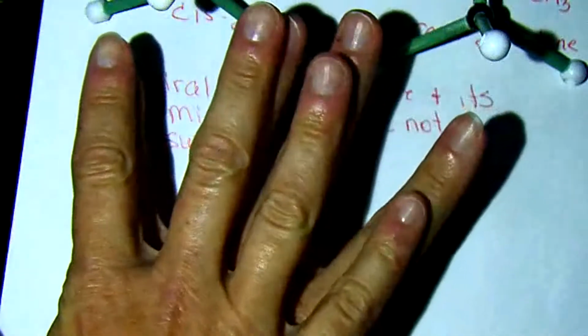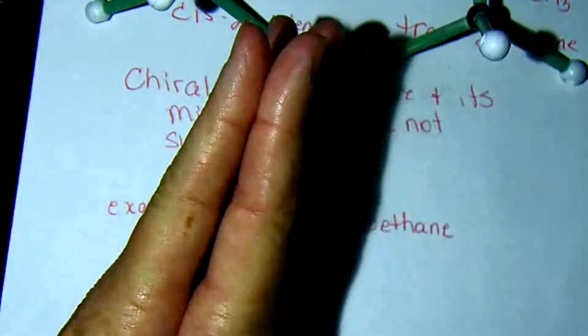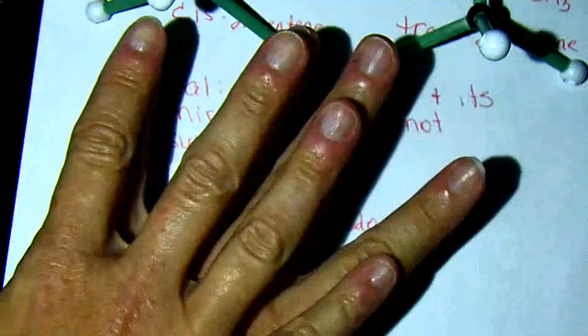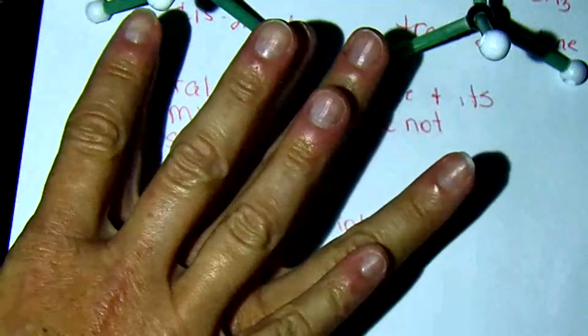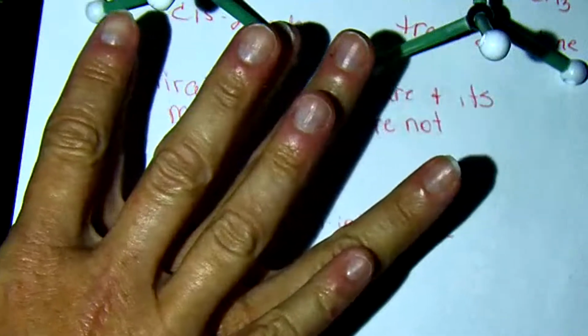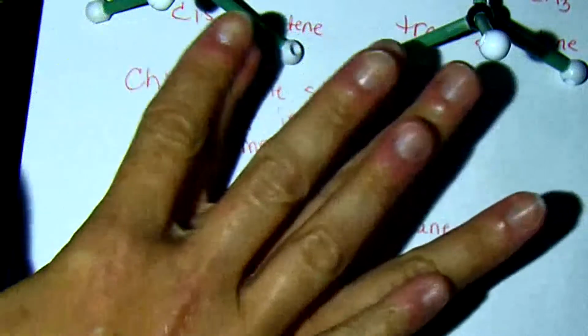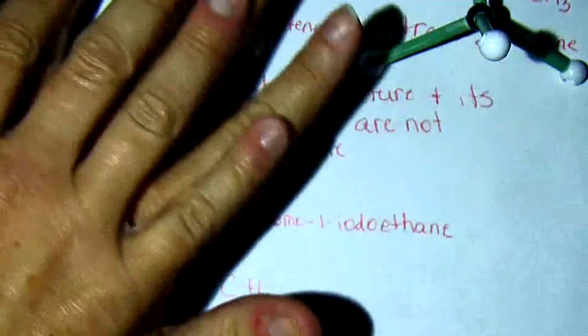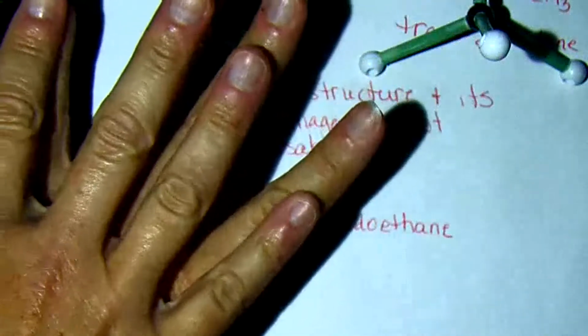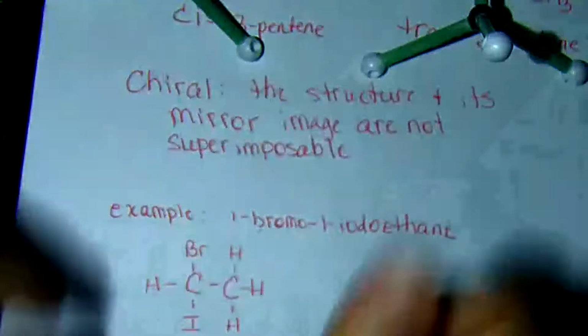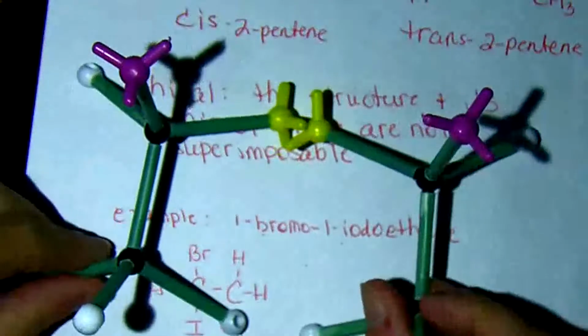So I cannot turn this hand and make it completely cover it. Only the mirror image lines up. But if you put them in the same orientation where you can see both the backs of my hands, then my index finger and my pinky line up, and my thumb is over here and my other thumb is over here. So our hands are chiral. Molecules can be the same way.